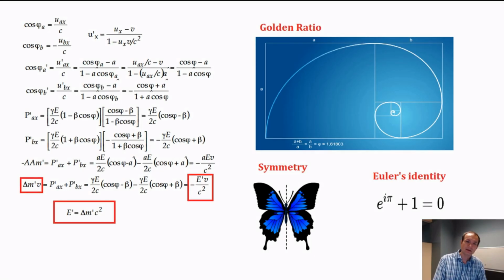Mathematics. Math is outside of physics in a way. We can see beauty in mathematics. Look at the left side. This is how Einstein arrived at E equals mc squared. A beautiful, beautiful small formula.